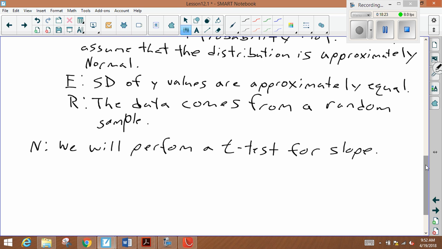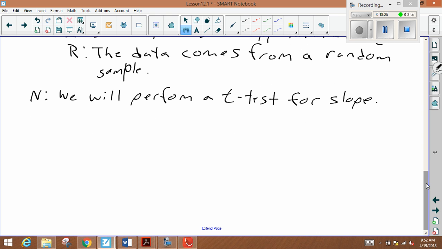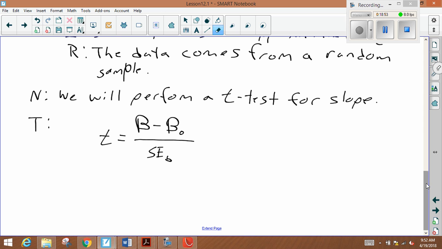Okay, which means we need to get us a test statistic. T is going to be beta minus beta sub 0 divided by the standard error of our slope. This is our slope right here.